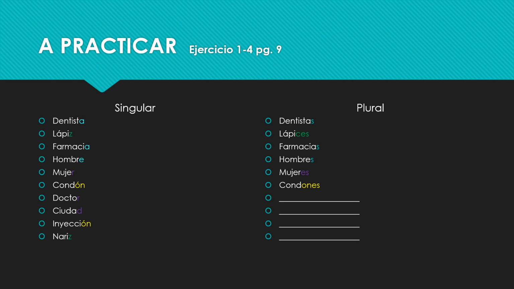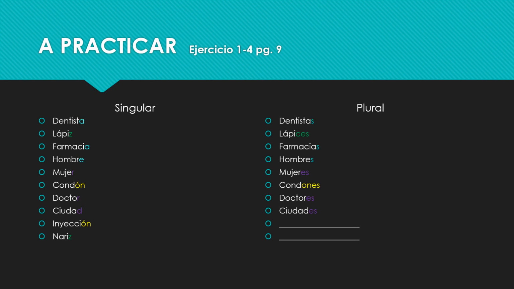Condón ends in that ON with the accent over the O, so if you remember, that's another strange one. You have to take the accent mark off of the O when you make it condones, which means condoms. Doctor ends in a consonant, so you would add an ES, doctores. I assume you know what that one means.